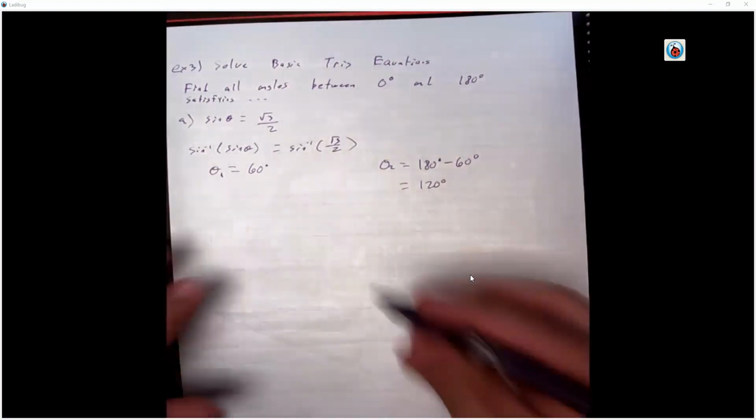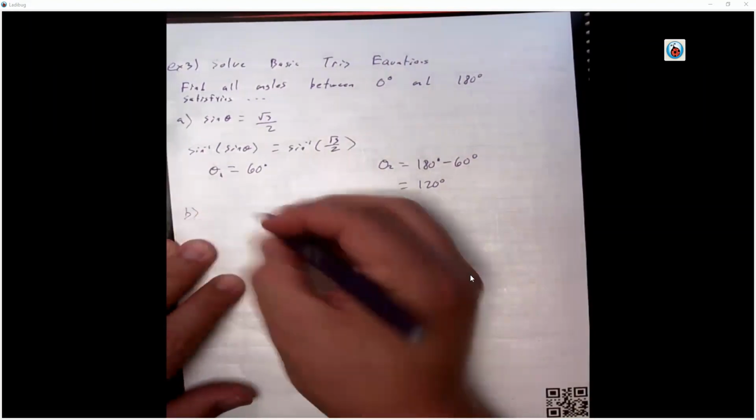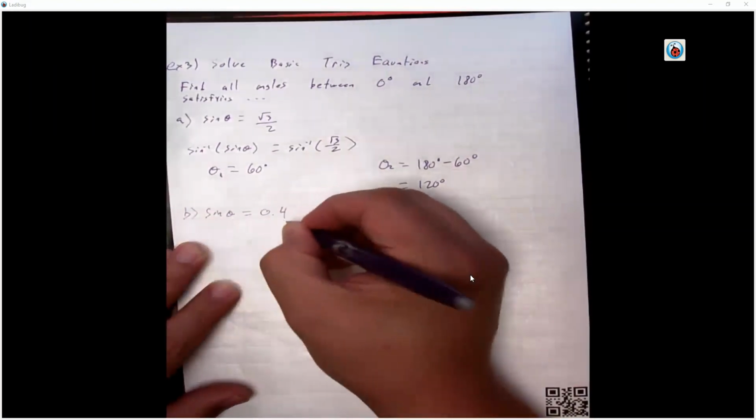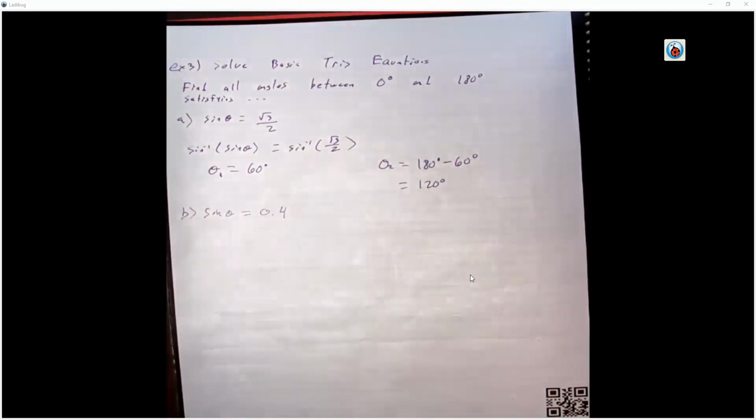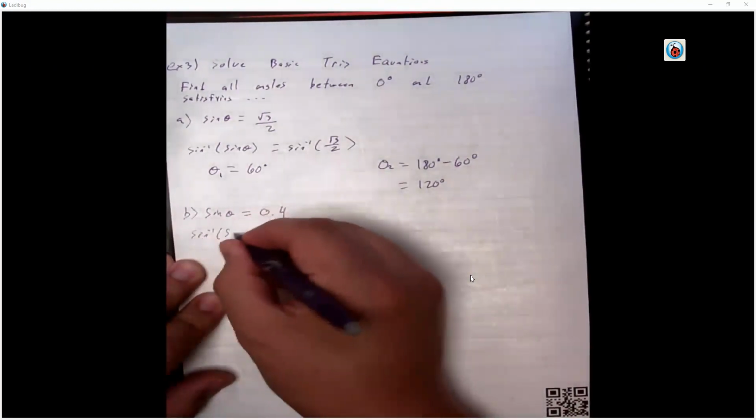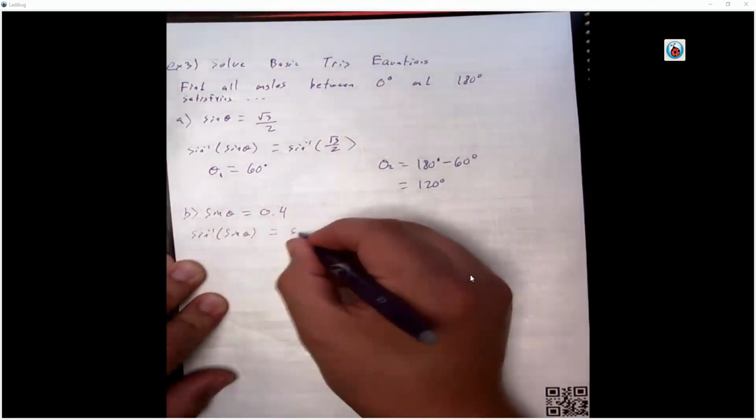Okay. So let's do one where that's not in the circle so you can see how it works. Let's say sine theta is equal to 0.4. Right, so we have no choice now but to use our calculator. Just gotta do it. So sine inverse of both sides.